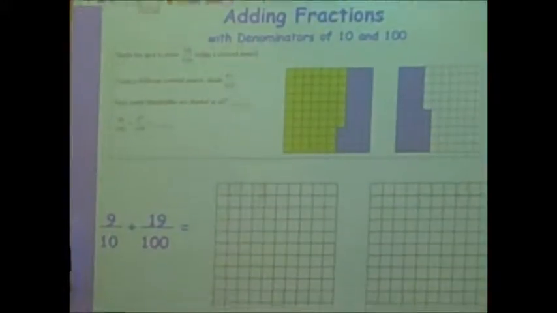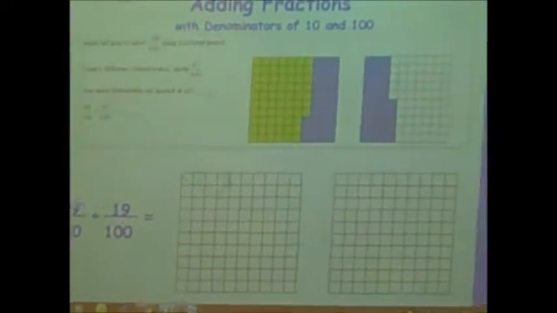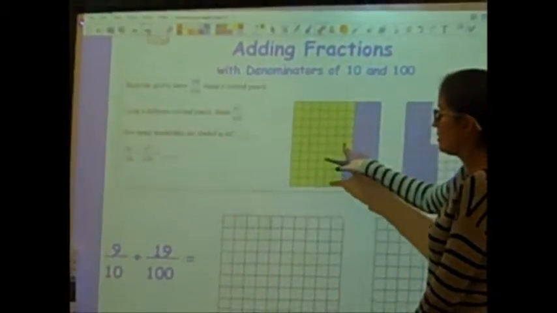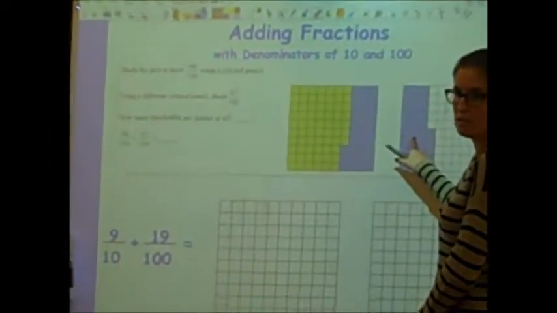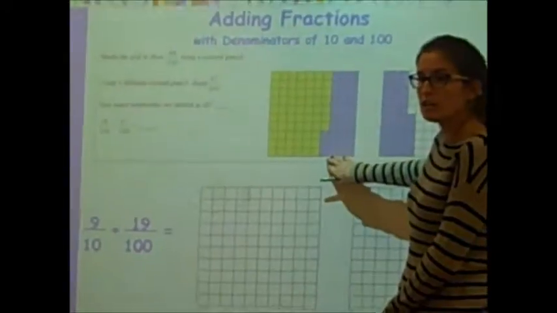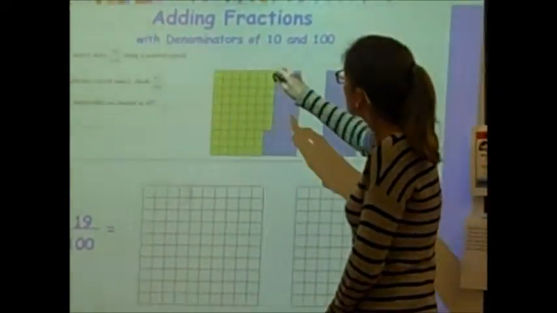And then we will get into adding fractions. So we have our example up top where they shaded 68 hundredths in one color, and then they continued with 67 hundredths in another color. They need to be aware that just because you run out here, you go into another hundredths grid, meaning you have more than one.